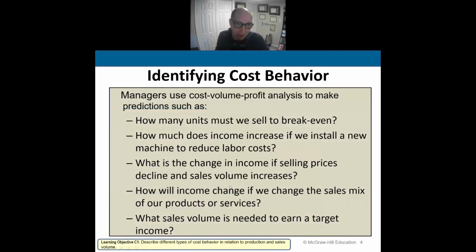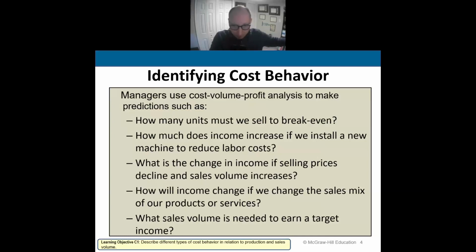So the first thing we need to talk about again is cost. We know that the cost of manufacturing involves direct materials, direct labor, factory overhead. We know that those three things together equal the total cost of manufacturing a product.